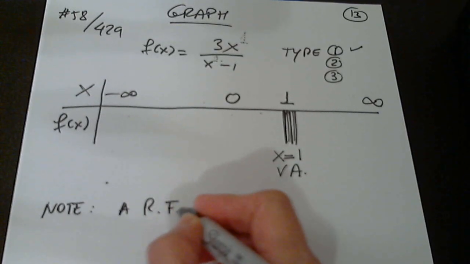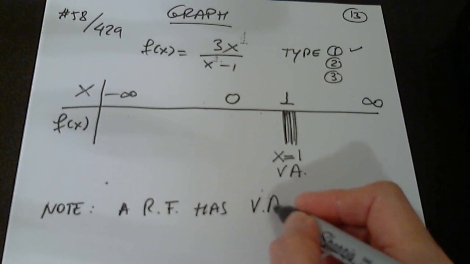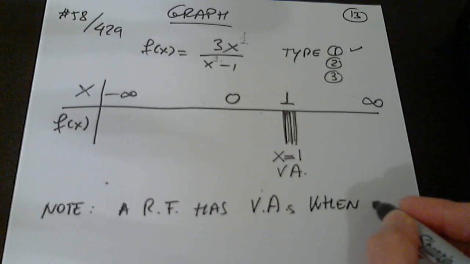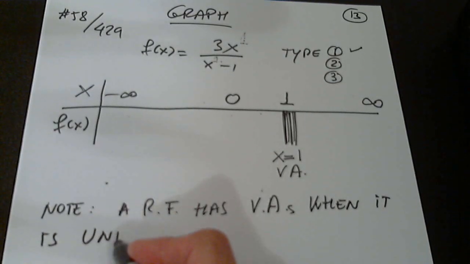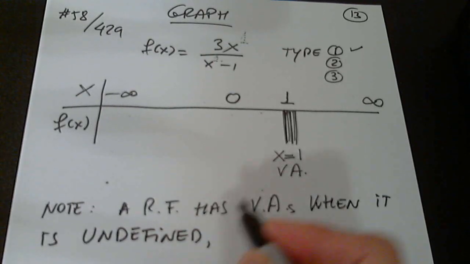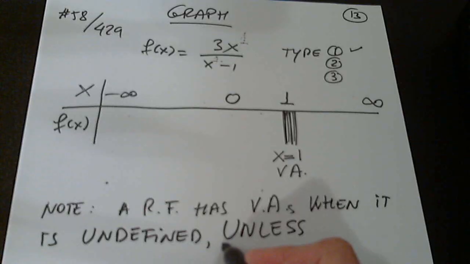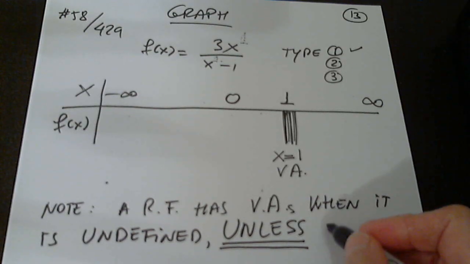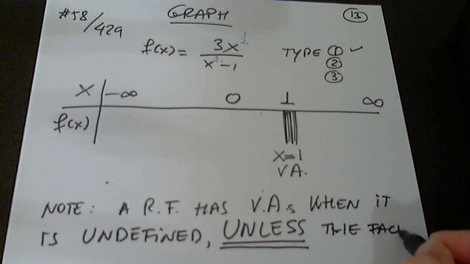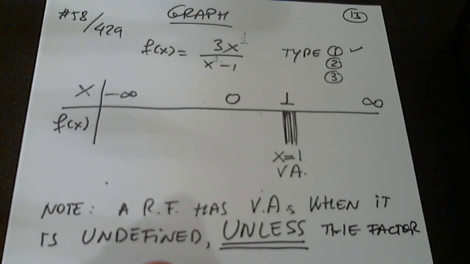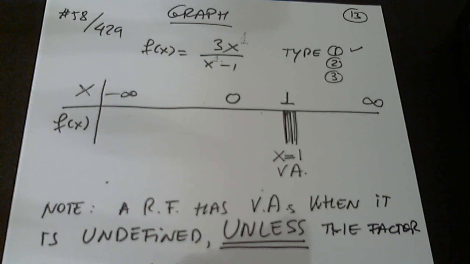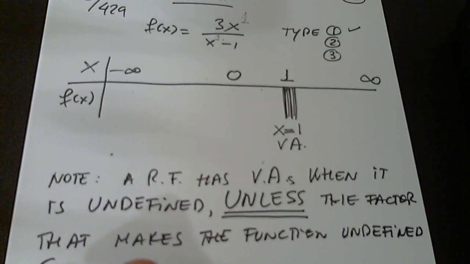A rational function has vertical asymptotes when it is undefined, unless, this is a very important situation, we're going to have examples, unless the factor that makes the function undefined simplifies. I'll give examples.